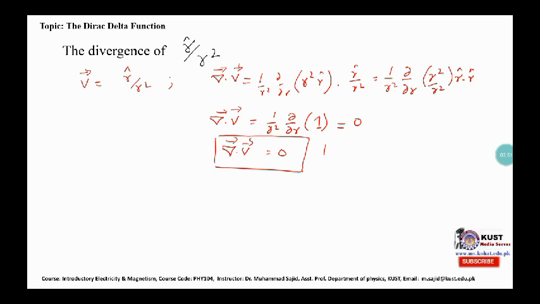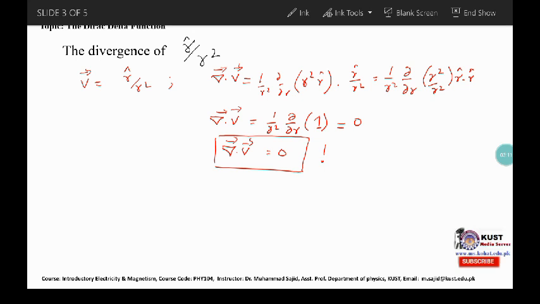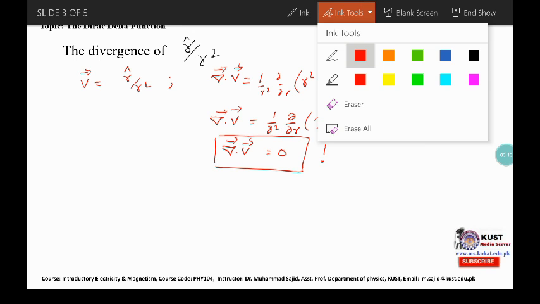But this result is quite strange, because you can clearly see that this function is pointing radially outward and it has some divergence. But from this expression we can see that it is equal to 0. So we want to see what is the problem with this function, or what we are doing wrong.